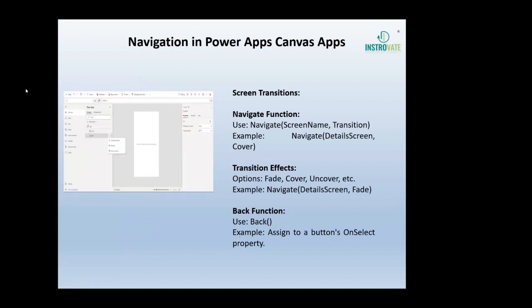From add data, you can add data to your application from various data sources, and when you click on new screen, you can add new screens or multiple screens to your application.